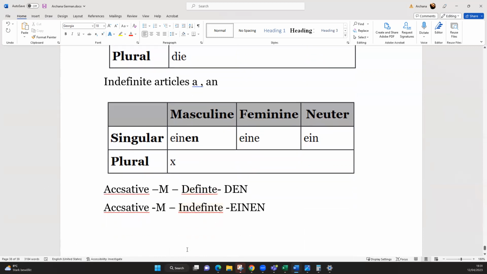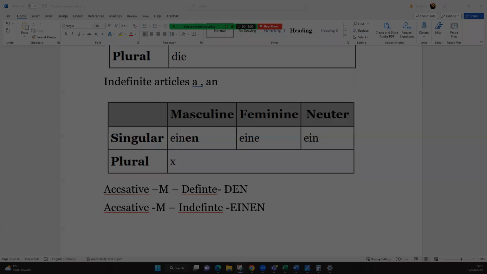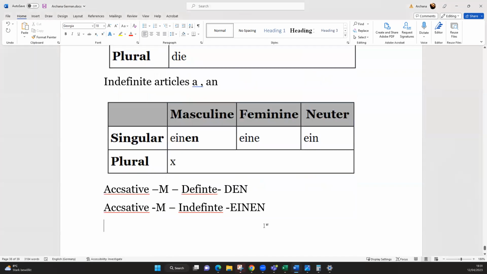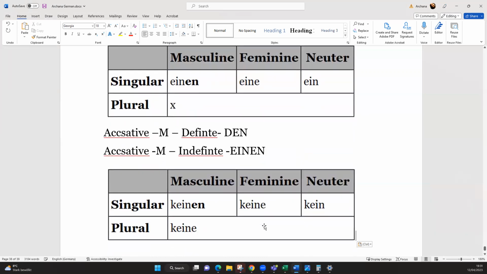We can also use kein. Kein is like "no" in English: kein, keine, keinen. To give a little ending to what we just spoke about, I will talk about kein. Here we have the same structure. Feminine is keine, ending with e. Neutral is kein. So kein, keine, and keinen.